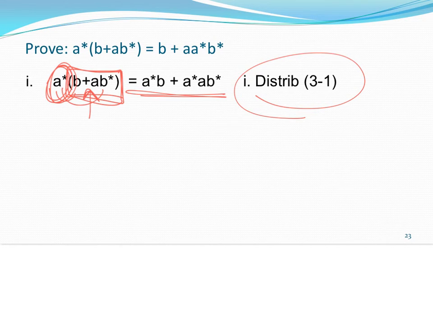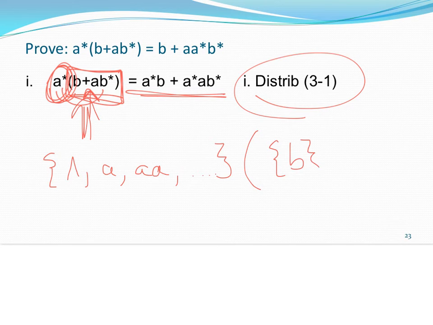I'm going to say it again, it is so very important that you understand what these regular expressions represent, right? So this first regular expression on the left here, what does it say? It says A star. So A star is the set lambda, A, dot dot dot. And we are concatenating that, right, with the set that contains B unioned with the set that contains AB star.